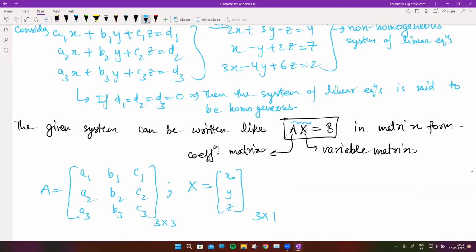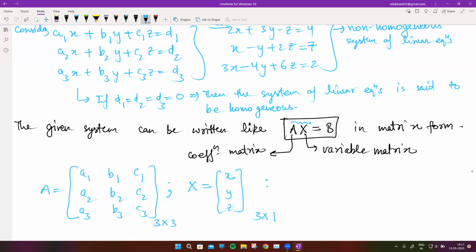X is your variable matrix. We want to find X. So basically we want to find the values of X, Y, and Z, which is our main goal. Actually, if you see, we are writing the system of linear equations. We want to find the values of X, Y, and Z which satisfy all these 3 equations, right? That is our goal. So we have to identify this matrix X, which is a column matrix of all the variables.